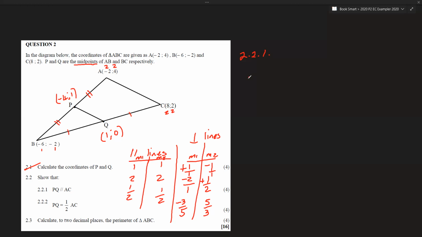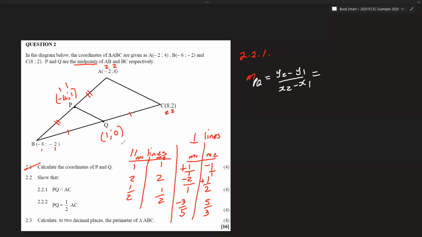So I'm going to be looking for small m of PQ, which is y2 minus y1 over x2 minus x1, right? And so let's check here. PQ. Okay. Let's make our ones.